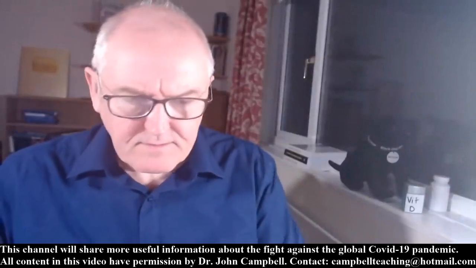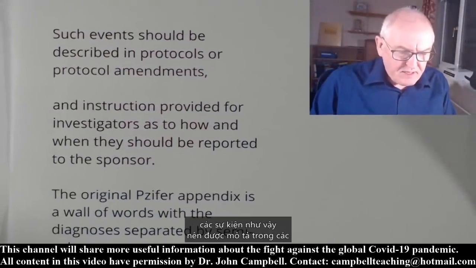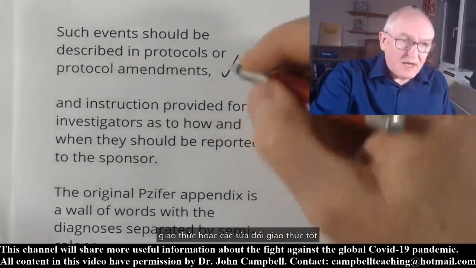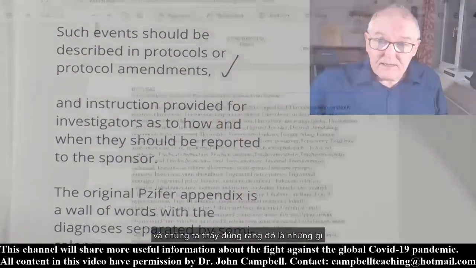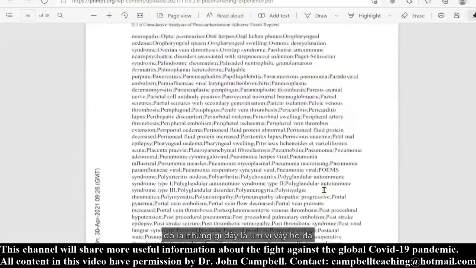Now, Dr. Santano again. Such events should be described in protocols or protocol amendments. Good, and we see rightly that's what Pfizer have done. That's what this is. So they have described it.